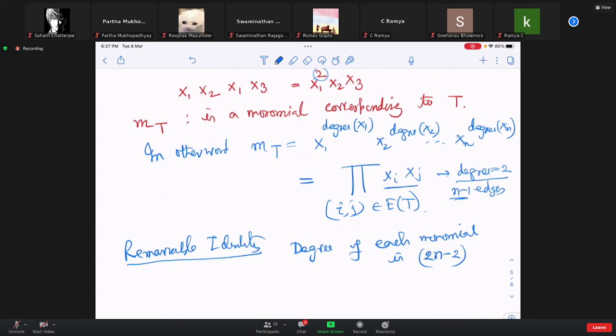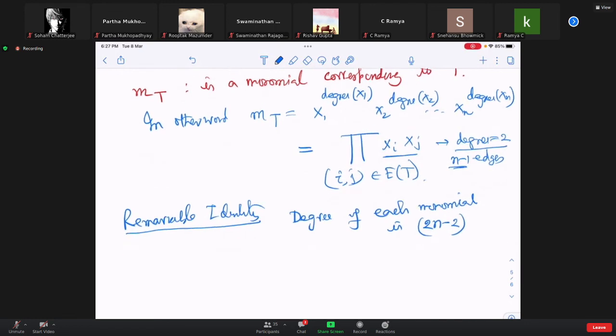Yes, sir. Okay. Right. So the remarkable identity that Cayley established is that he said, let us write this expression C(x1, ..., xn), which is the summation over all possible trees.